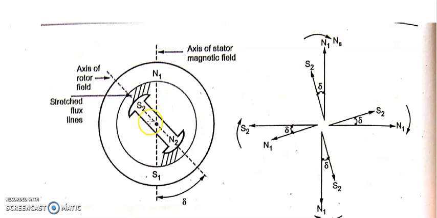Again, your synchronous motor has the characteristic of bearing the maximum load till 90 degrees. Till your delta is close to or equal to 90 degrees, your motor will survive in synchronism. Even a small increase in the load or in delta will cause your motor to stop. That is the reason why your synchronous motor loses its synchronism.